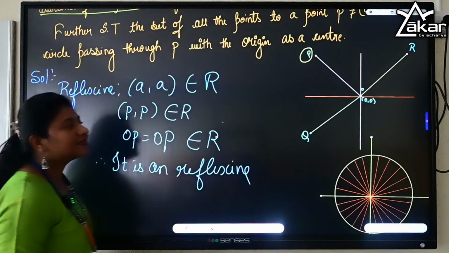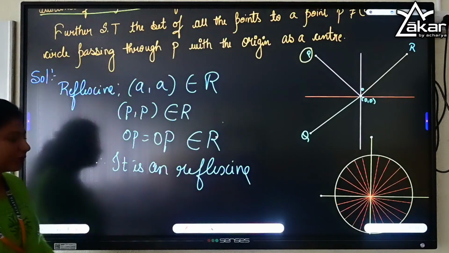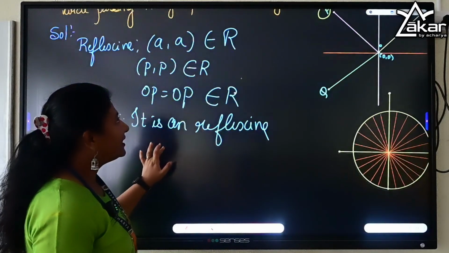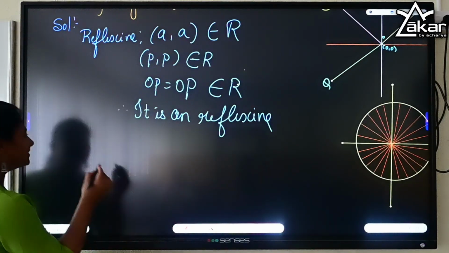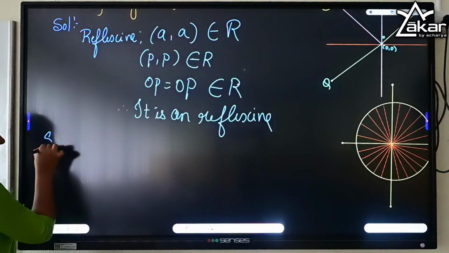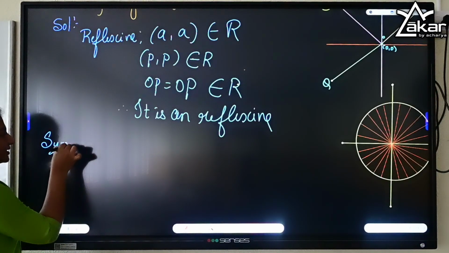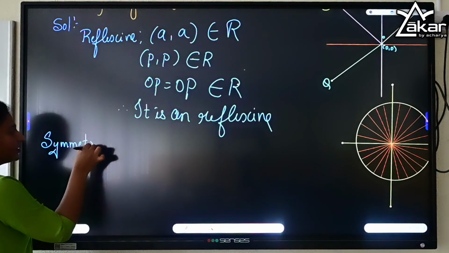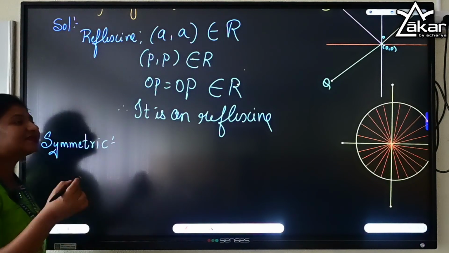Since the reflexive condition has been proved, let us go to the next type, which is symmetric. What does symmetric say here? P and Q have the same distance.